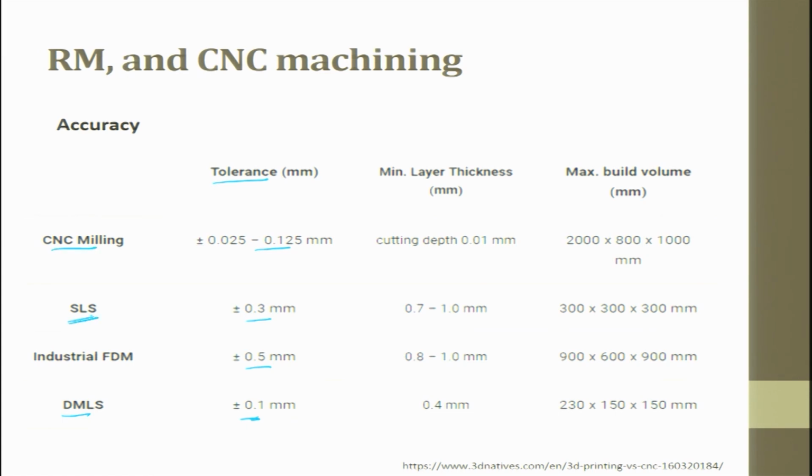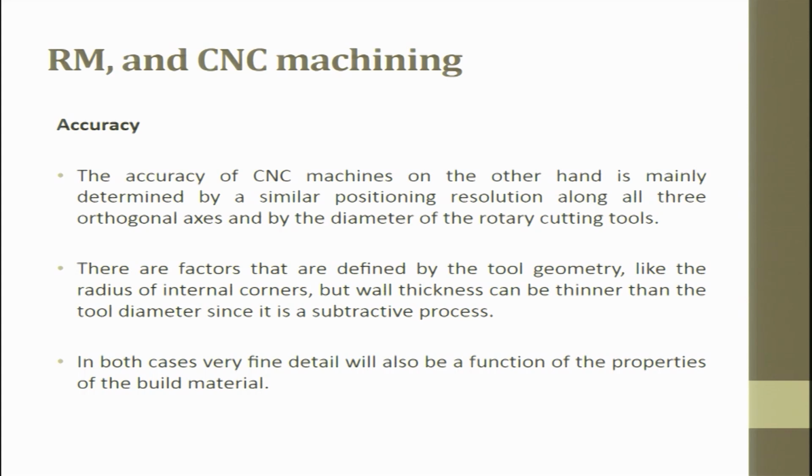SLS, we will see in detail in the SLS process, but here we will see SLS, industrial FDM and direct metal laser sintering. So, these are the minimum layers, and look at the build volume. How big a part, or what should be the working volume size you have to do. So, you can see from here.